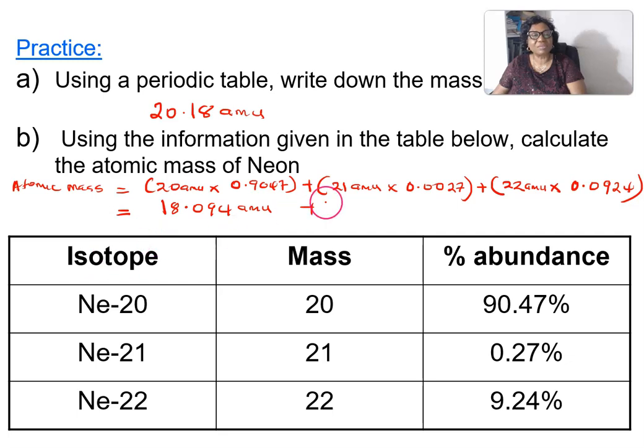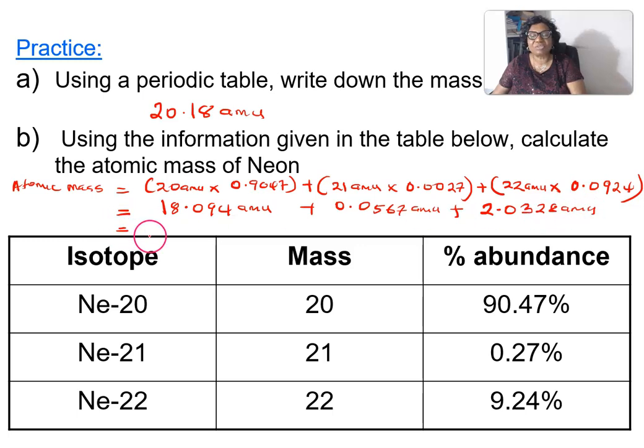That will give us 0.0567 atomic mass unit plus 22 times 0.0924. That will give us 2.0328 atomic mass unit.